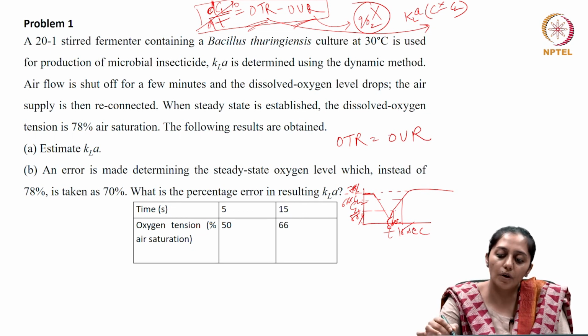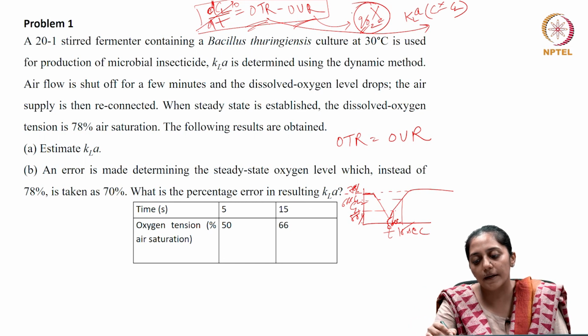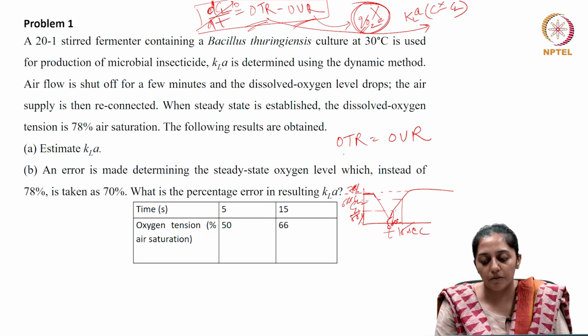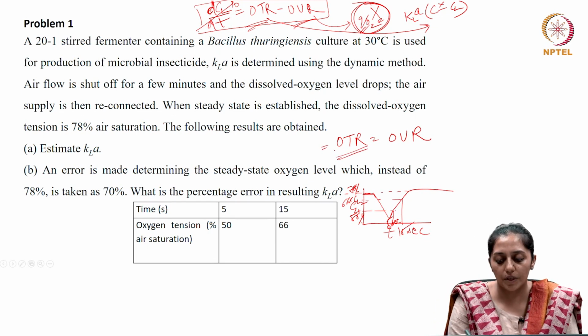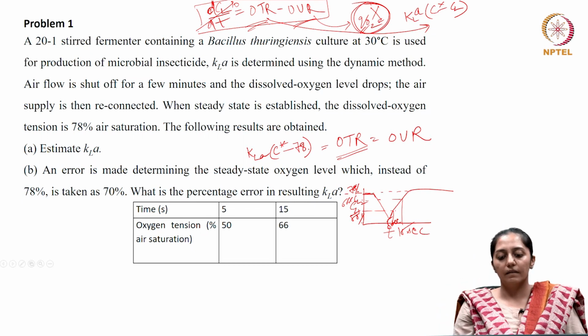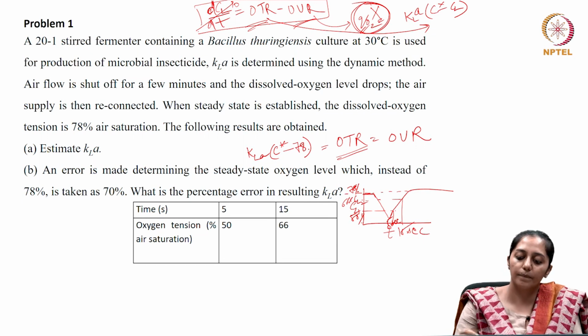Because we do not know QO2 and X given in the problem, we can find the entire OUR, which is not changing, by finding the OTR at this time of steady state. So what is OTR? The OTR will be KLA multiplied by C star minus 78. They are saying that the dissolved oxygen concentration at steady state is 78.